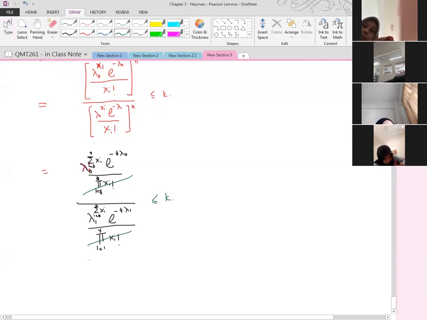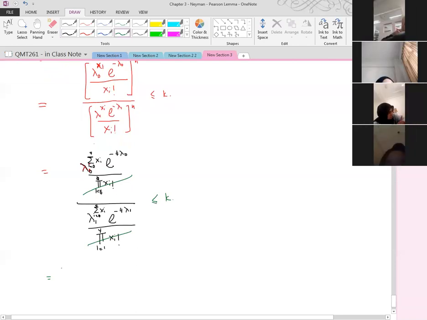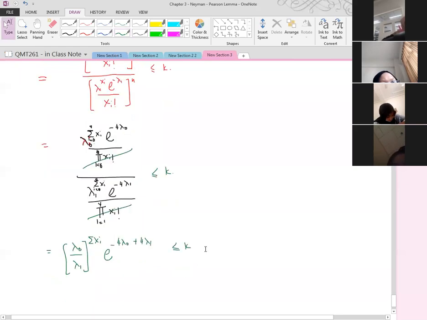Next, since we have the same base for lambda naught and lambda 1, it becomes lambda naught divided by lambda 1, to the power of summation of xi, times exponential negative 4 lambda naught plus 4 lambda 1, which is less than or equal to k.